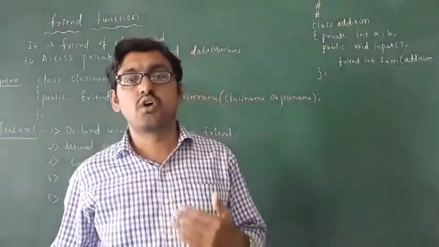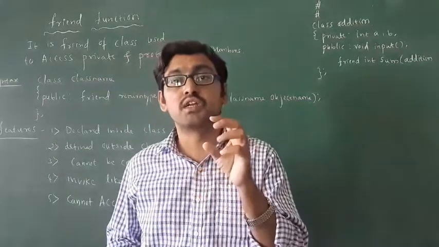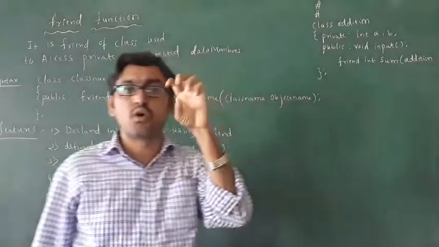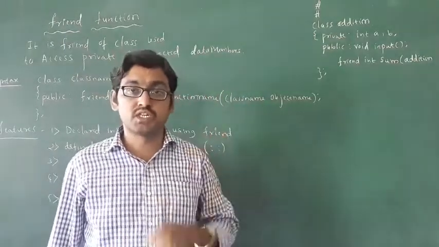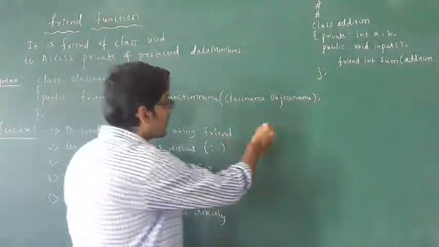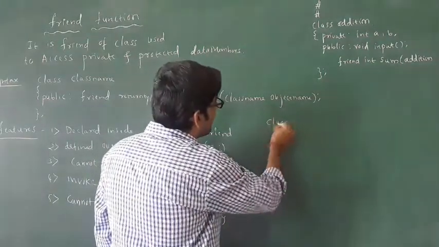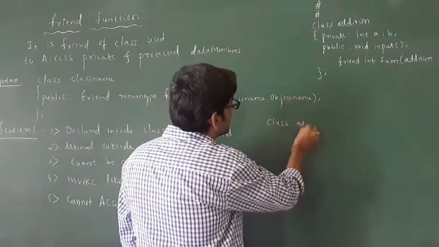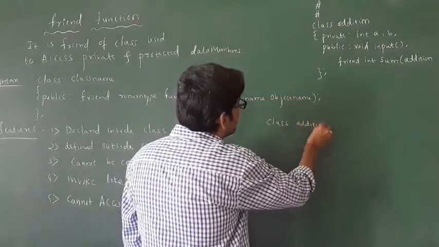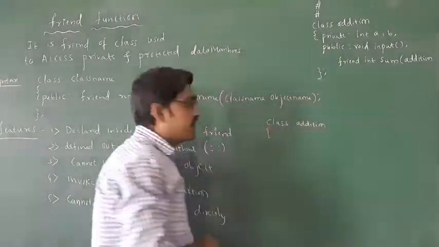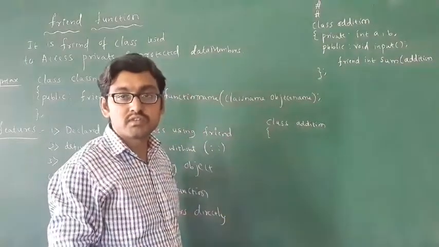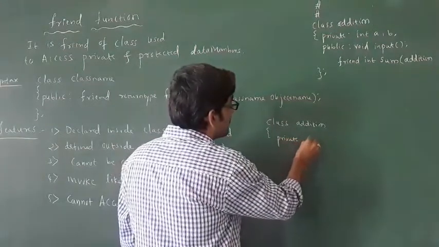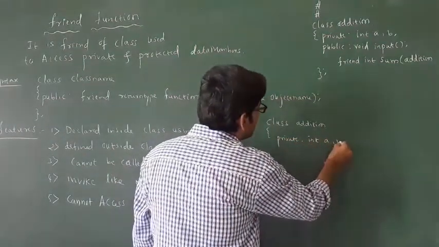You already know how to write a program by using classes. I am writing how to write a class definition. For example, I am taking one class name, addition, for the addition of two numbers. In the private section you write int a, b.